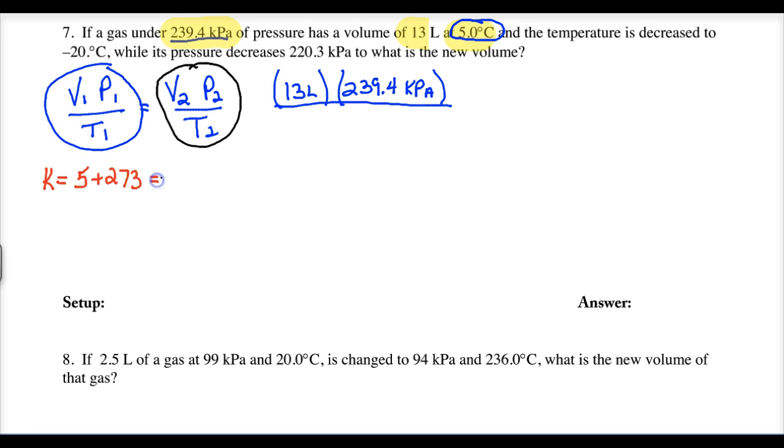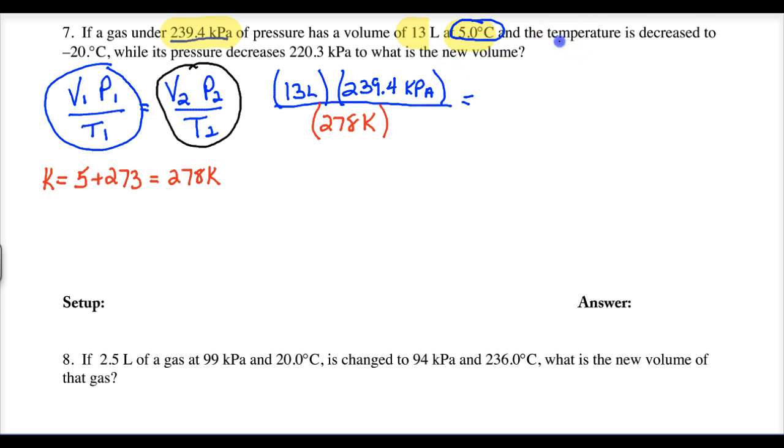And what that gives me is 278 kelvins. And that's what goes here. We have to convert to Kelvin in our gas law formula because we need a temperature scale that reflects that we're 278 away from no more motion, not 5. That won't work. Okay, continuing on our problem.